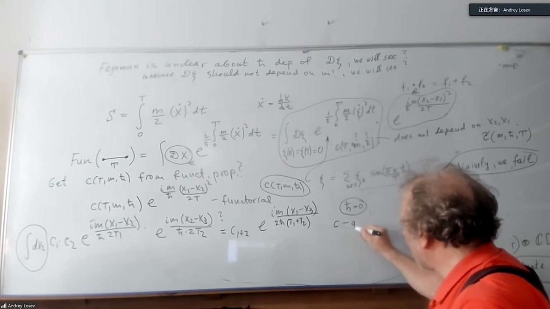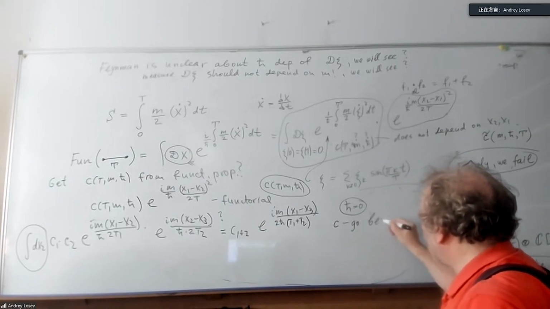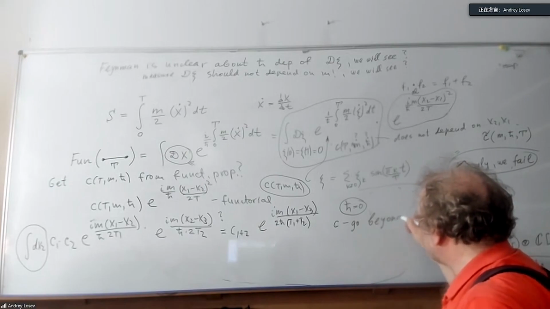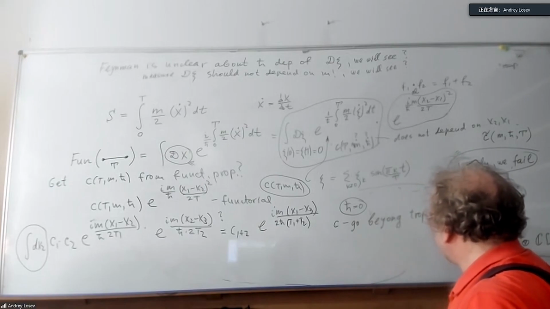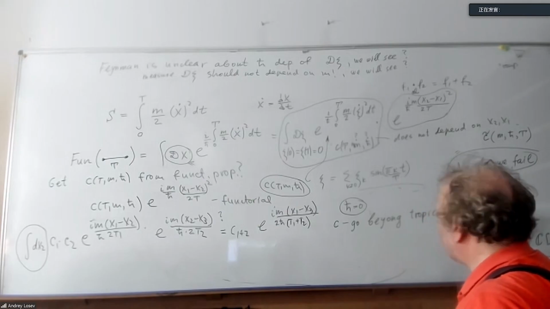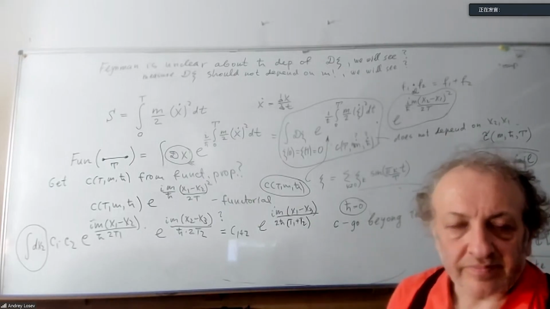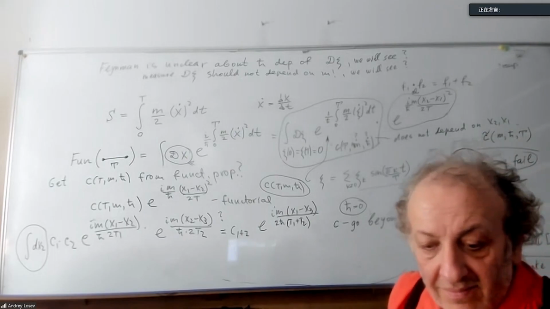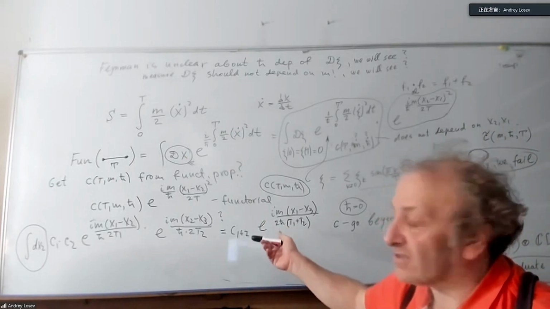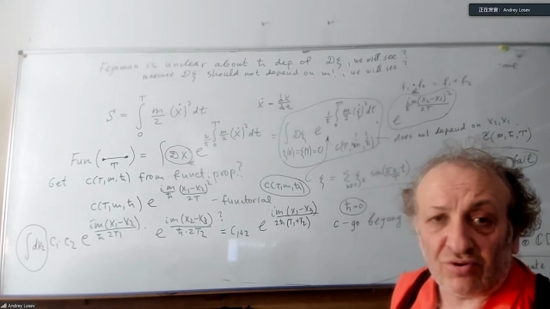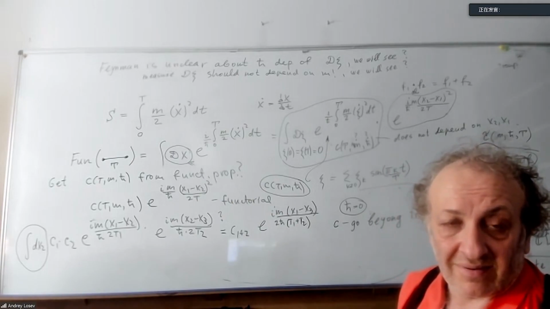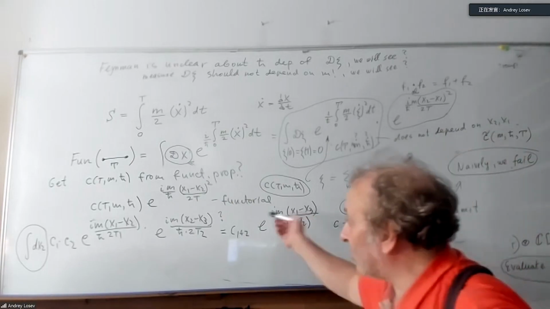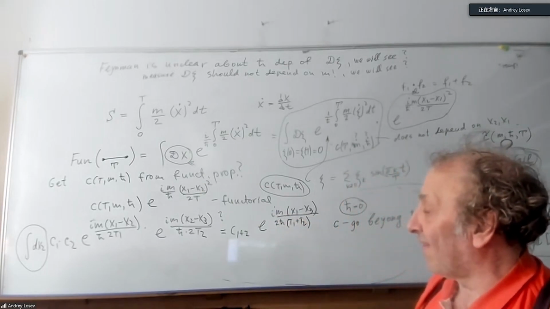So C means go beyond tropical limit. And then it could be that such C just do not exist, because it's kind of a functional equation.